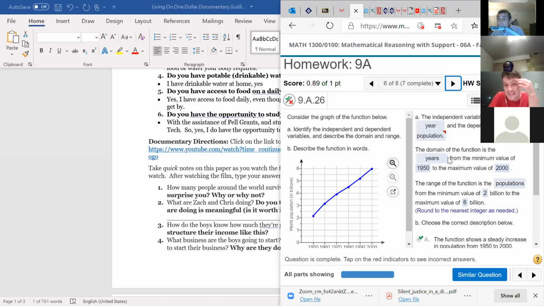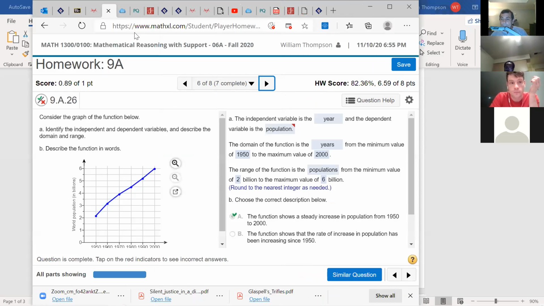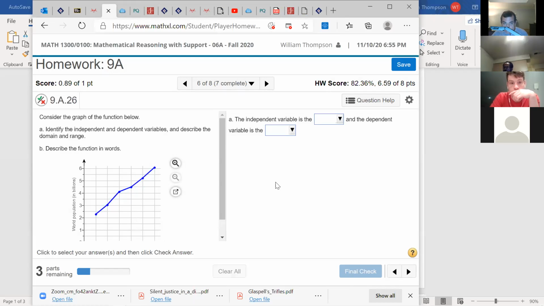Okay, so do this for me. Slide that screen left for me, because I'm being blocked by my Zoom stuff. Now hit similar question, and it should pull up a new question for you.